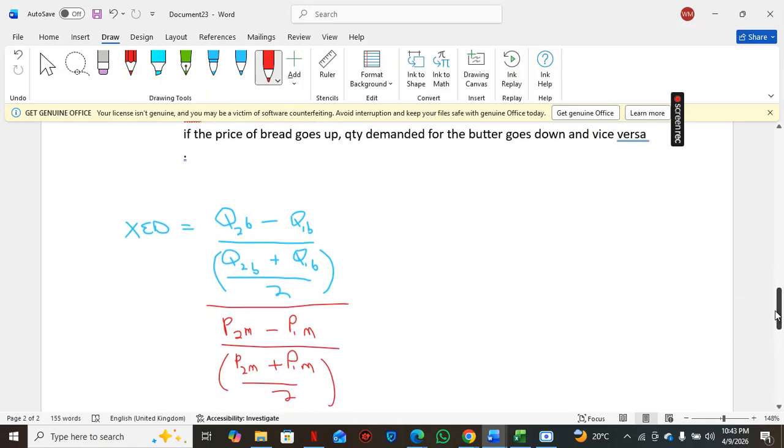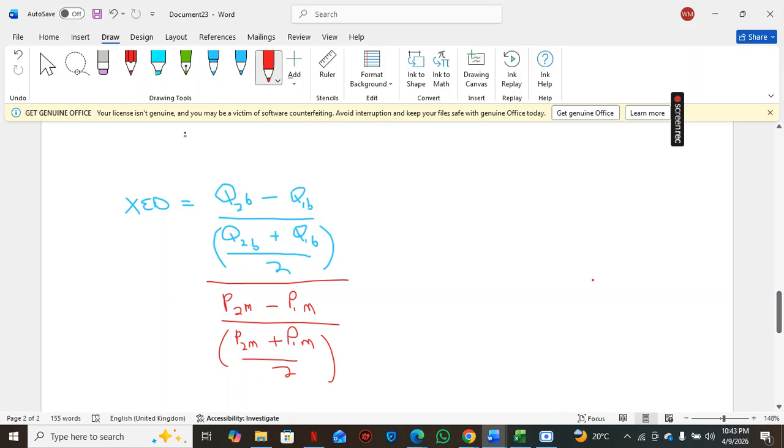If they ever ask you to use the arc elasticity approach, you use this formula. The other formula you can use is percent change in quantity of bread over percent change in the price of meat. Remember, percent change is always new minus old divided by old.